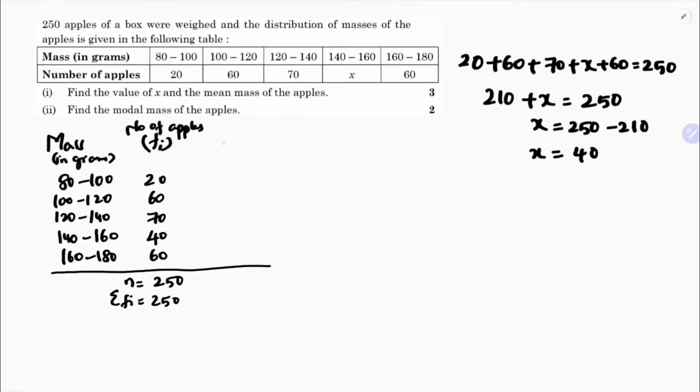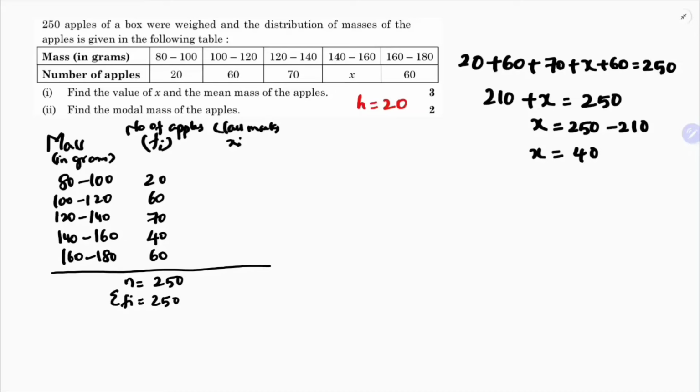Now for the mean, compulsorily we need to find the class marks. Before class marks it is better if you write the value of H. Class size is, from down to up you subtract, 120 minus 100 which is 20. Class size is 20. Anywhere you can do 180 minus 160, 20.